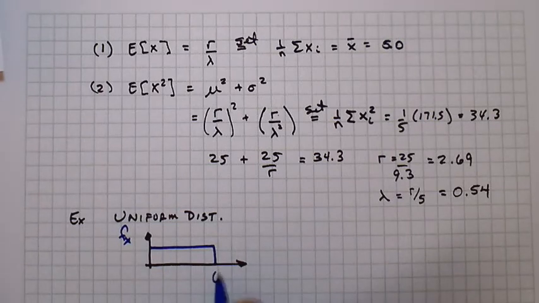Let's let theta be our upper bound. And once again, in this case it's from 0 to the upper bound.